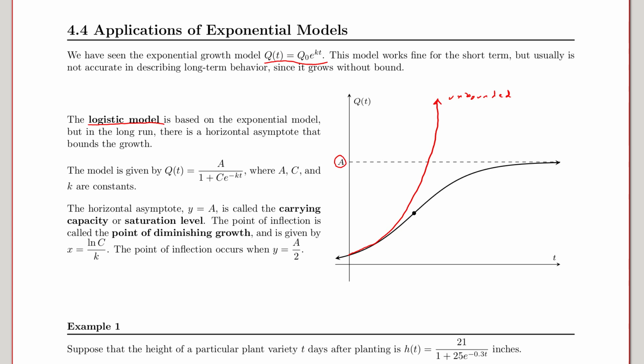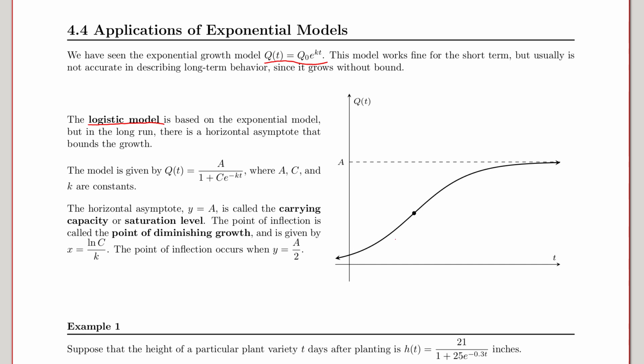So what the logistic model does is it actually changes shape. So early on, it looks kind of exponential in form, and then something happens.